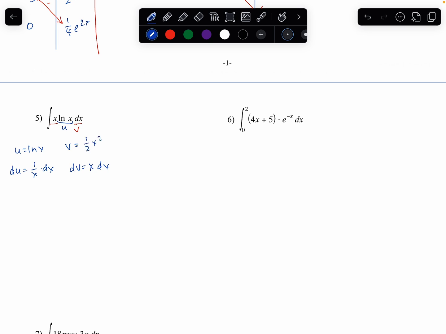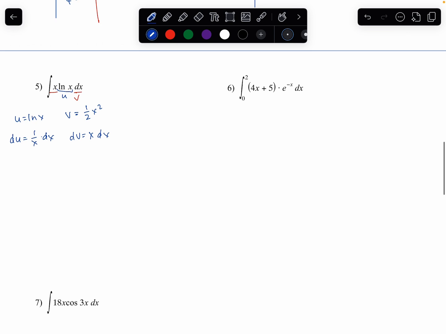1/2 x squared. So then we're going to get u times v, which is 1/2 x squared times the natural log of x, minus the integral of v du, which is 1 over x dx. And this right here is going to simplify to just be x dx.